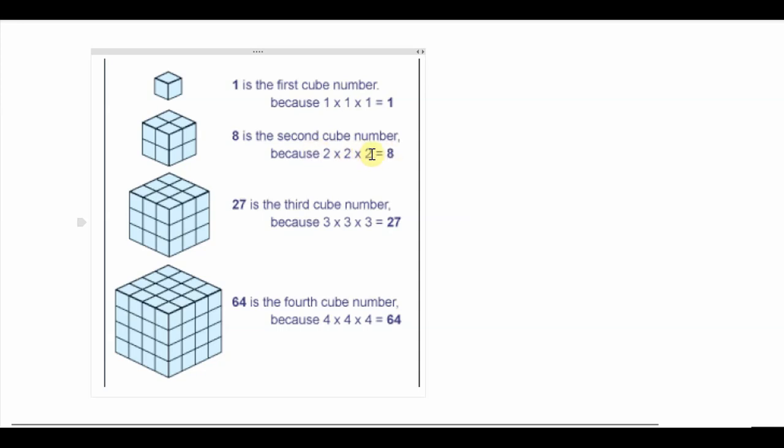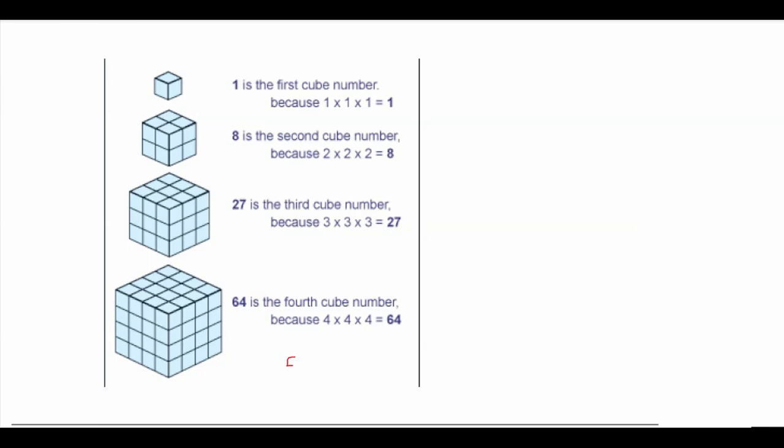Lots of people attempt to say 6, but that's because they're adding them up. 2 times 2 is 4, times 2 again is 8. 27 is the third cube number, because 3 times 3 times 3 is 27, and 64 is the next one. These get quite big quite quickly, so we only really need to know up to 5 cubed. And 5 times 5 times 5 is 125.